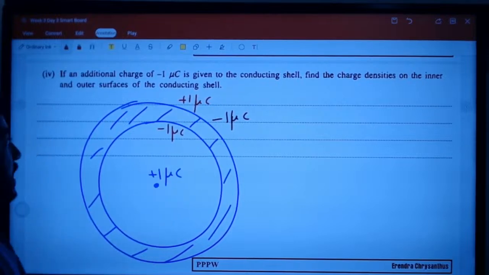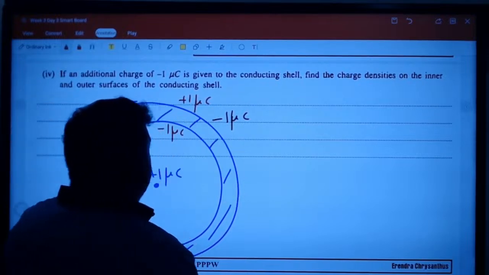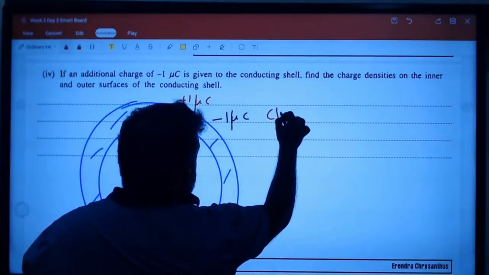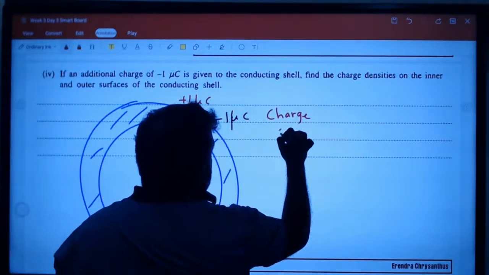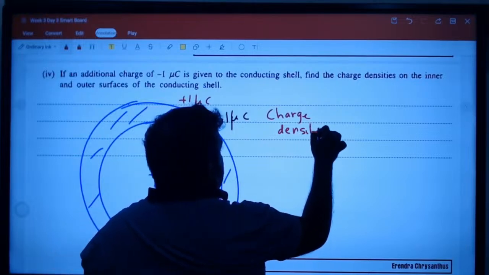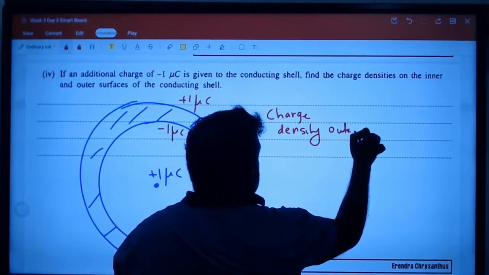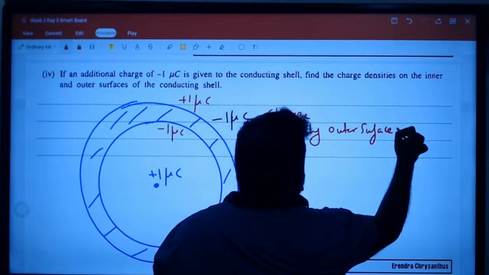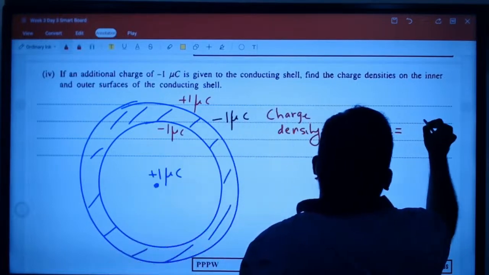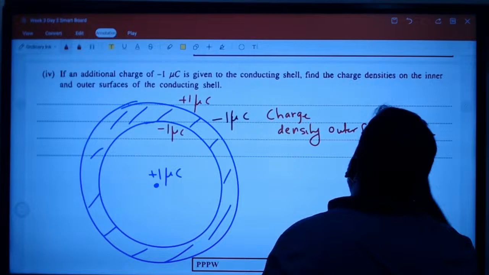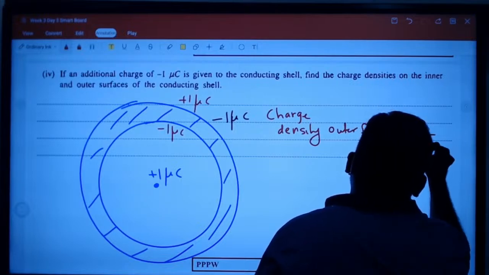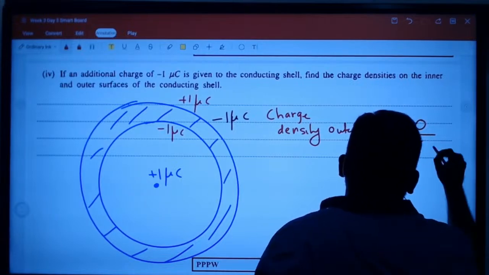What are they asking? Charge densities. Plus and minus cancel off. Charge density, outer surface: total sum of charges is 0, divided by 4 pi and the radius there.